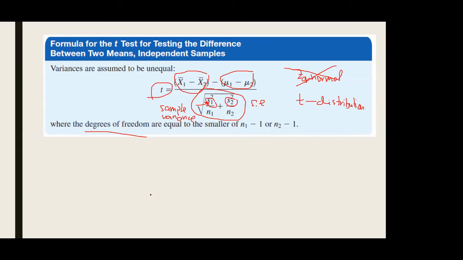Bakit may degree of freedom tayo? Sino maka-explain? Na-explain ko na yata ito. Ano ba ibig sabihin ng degrees of freedom?